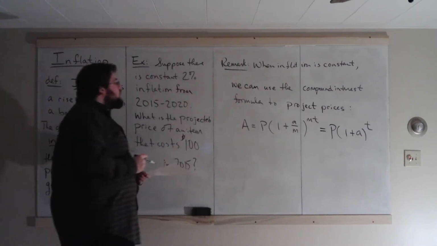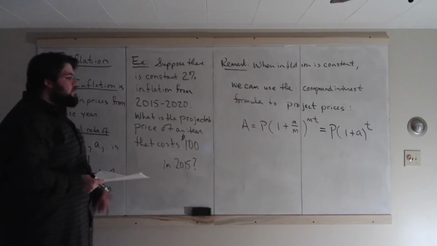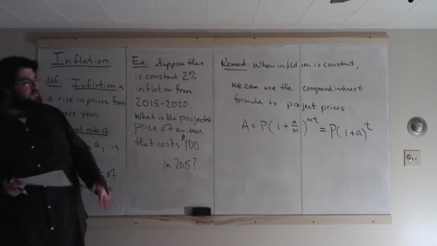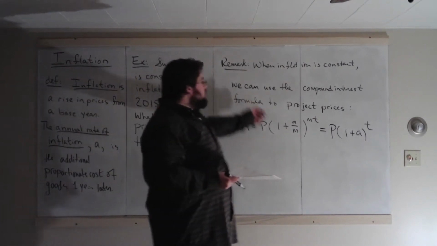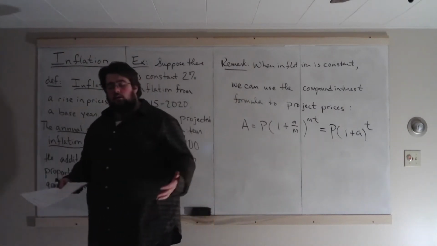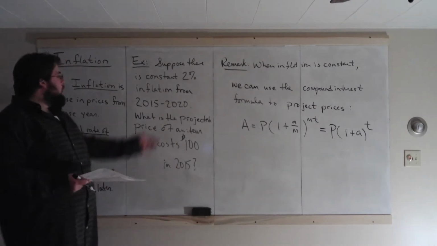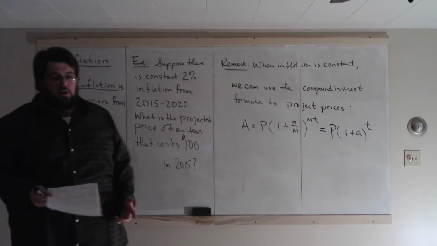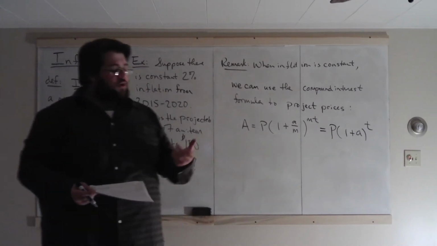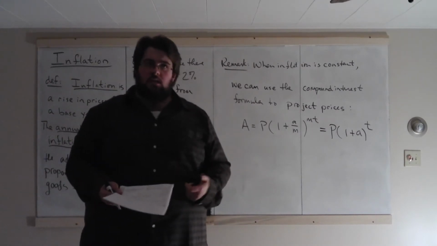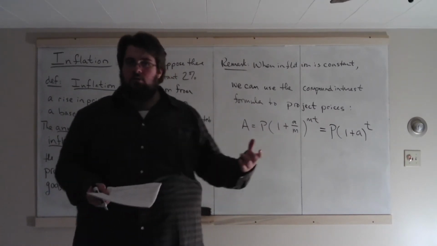So the question was, why do we use compound interest instead of simple interest? Well, say we're measuring inflation across 5 years, and say it's 2% per year. That doesn't mean in the first year it gains 2 cents, and then in the next year it gains 2 cents.